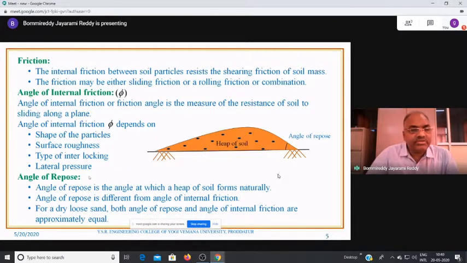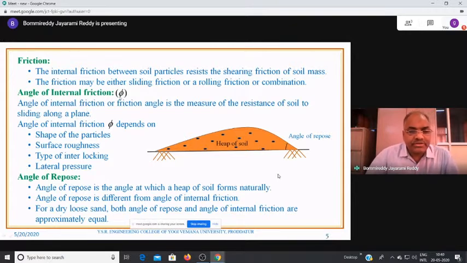Now let us see the friction. Friction means the internal friction between the particles resisting the shearing of the soil mass. So normally the friction may be either sliding friction or rolling friction or a combination of the two. Because of this friction, frictional resistance will develop between the soil particles.